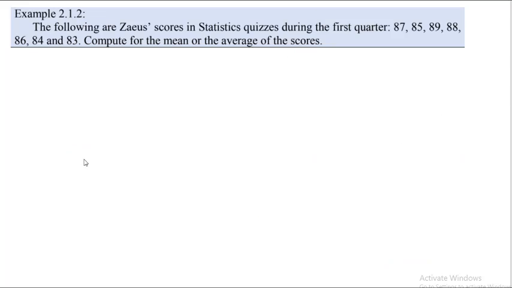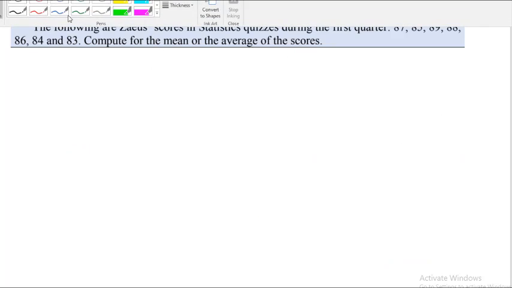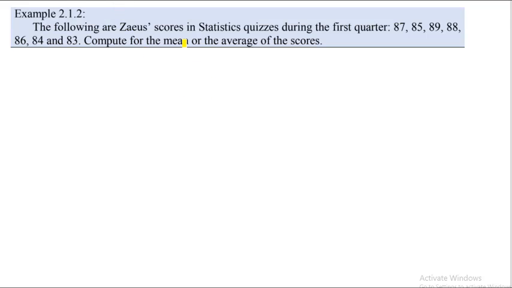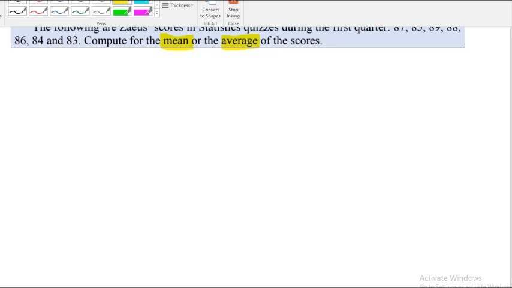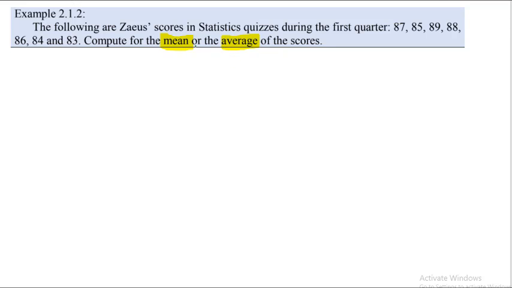Example number 2. The following are Zeus's scores in his statistics quizzes during the first quarter: 87, 85, 89, 88, 86, 84, and 83. Compute for the mean or the average of the scores. Again, the procedures are: for the first one, we have to get the sum of the scores or given measures and count the number of cases.